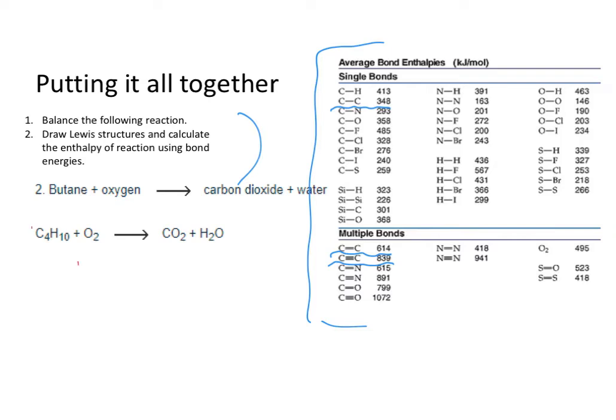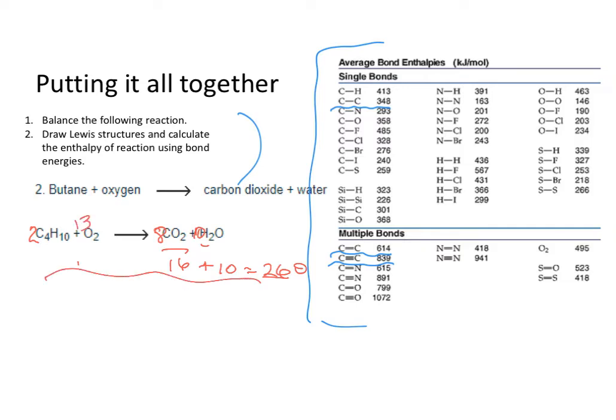Okay, so I'm just going to put a 2 there and start over. So now I have 8 carbon and I have 20 hydrogen. 10 times 2 is 20. Now I have 16 oxygen from CO2 and another 10 from water. So I have an even number of oxygen now, 26. So I can put a 13 there.